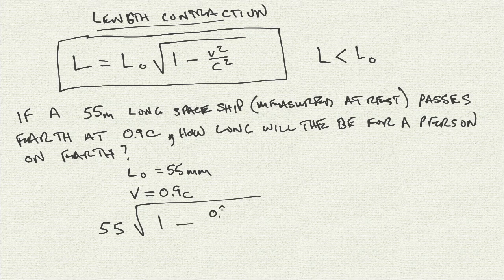We just get 0.9 c all squared divided by c squared, and we end up with 55 times the square root of 1 minus, now the c squared here cancels with this c squared, but then we have 0.9 squared left.